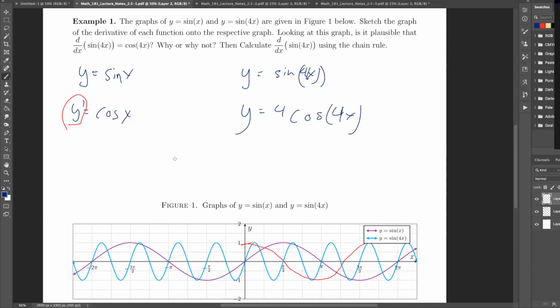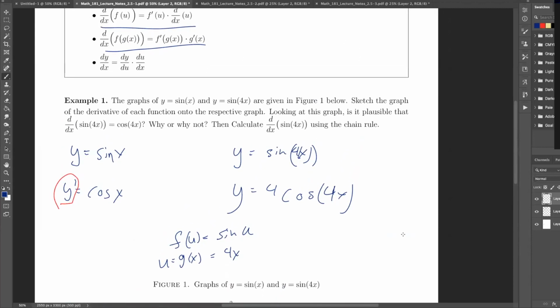And so it comes up much steeper, and therefore this 4 matters. It becomes 4 cosine of 4x. So what does that really mean? What your book wants you to say is, we're going to let f of u equal sine of u, and we're going to let g of x, which is equal to u, equal 4x. Then, for the chain rule, y prime is equal to f prime of u, the derivative with respect to u, so cosine of u, times the derivative of this, which is 4.